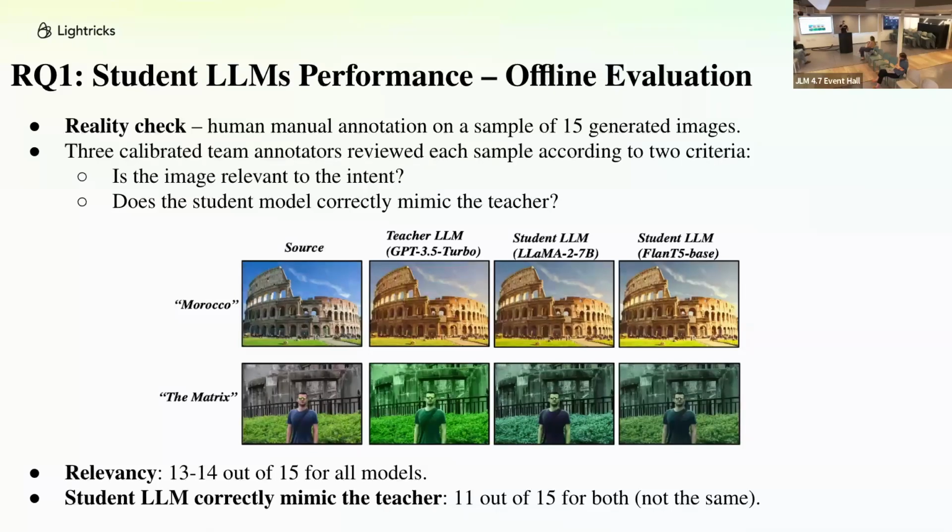Not necessarily on the same samples, but in total 11, which means that we have very comparable models. And this is aligned with our offline metrics that you saw, like the small gap between 74 and 72. And this is the reality check. So we got relevant results, which is cool. And also we got comparable performance from the students.